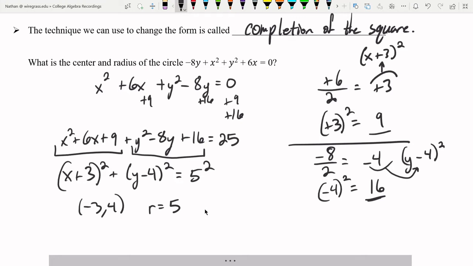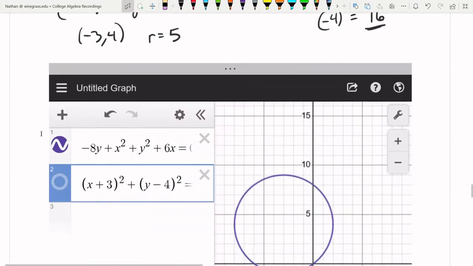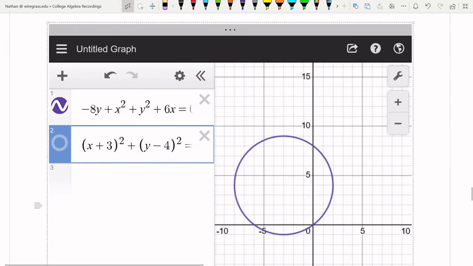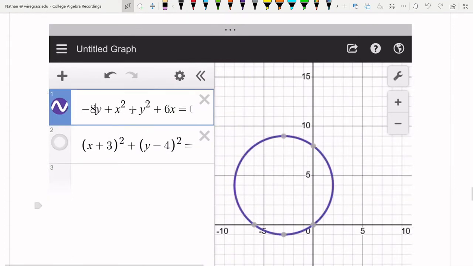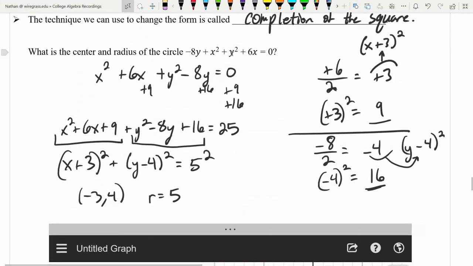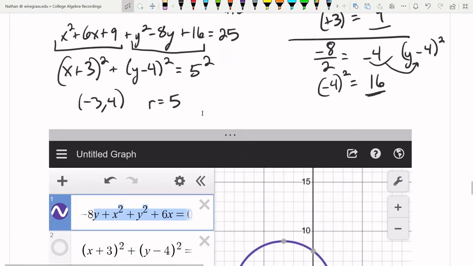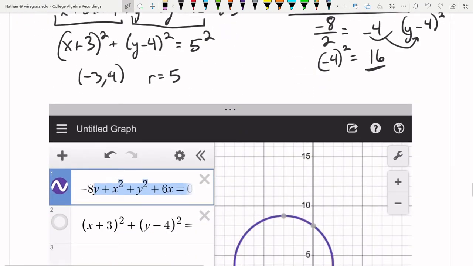And now let's graph both of these equations and show that they are actually the same circle. All right, so this purple circle is the original equation, x squared plus y squared plus 6x and so on. That was what we got originally. And then we found this equation here, which I've written here.